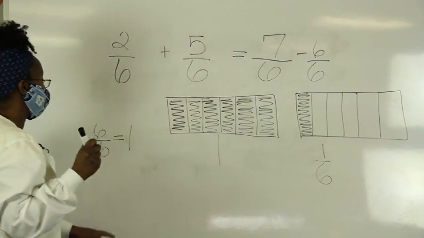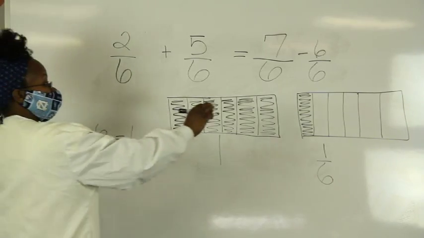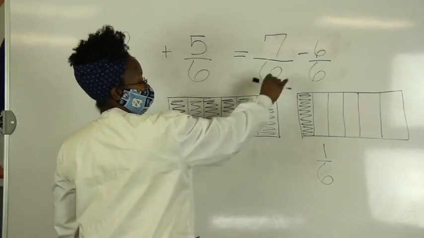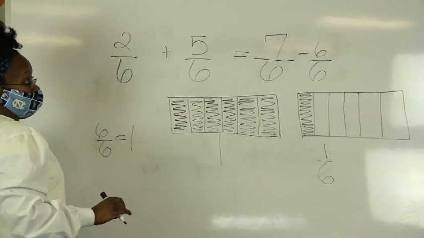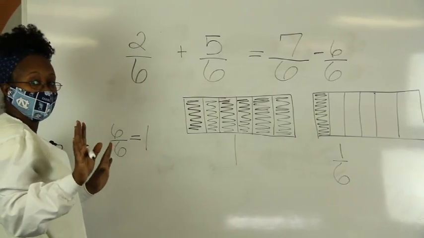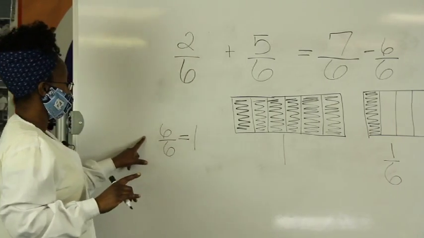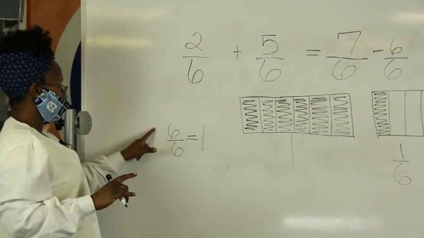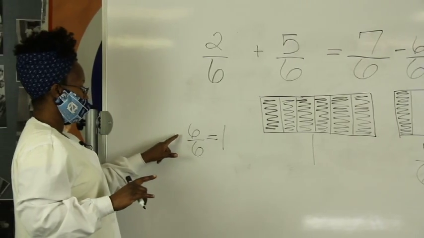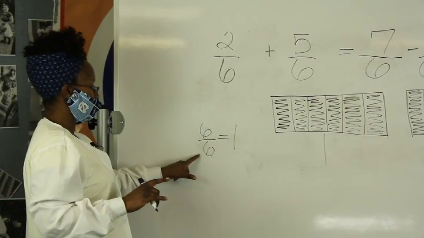Now, if you don't want to do it that way, for the people that are pretty good at math, you can go ahead and do that. But if that is a little confusing because we haven't done the problems with subtraction, come back over here and say to yourself, what is left over once I have 6/6?